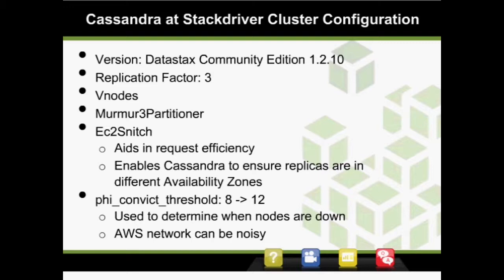One thing that Cassandra introduced in version 1.2 is the vnodes and Murmur 3 partitioning. In version 1.2, vnodes take care of how the data is distributed over the nodes when you add and remove nodes. In previous versions of Cassandra, you had to manage these token ring positions, and the tokens described where data went.